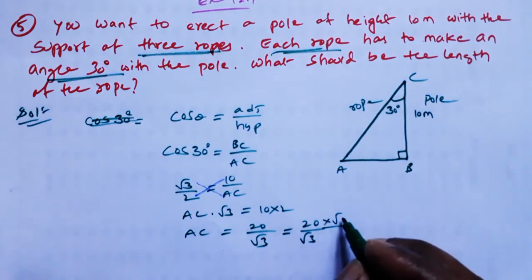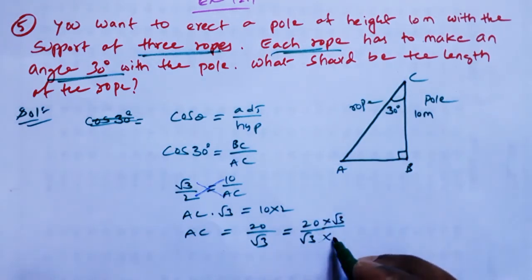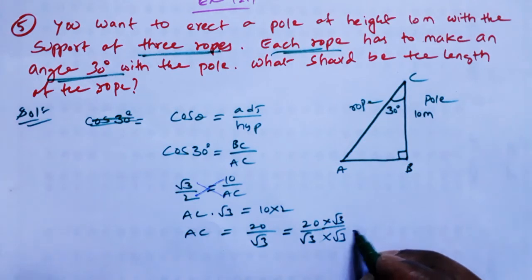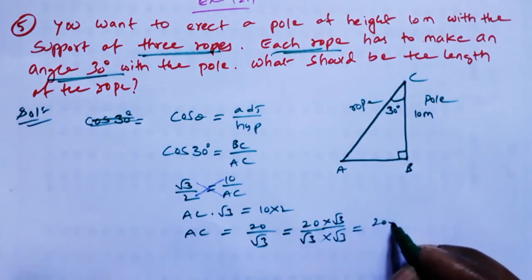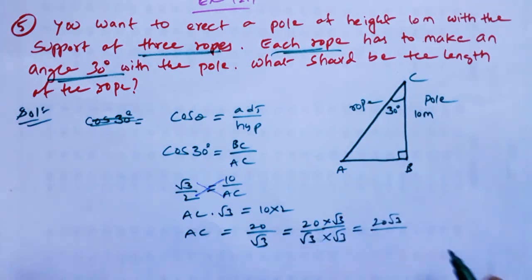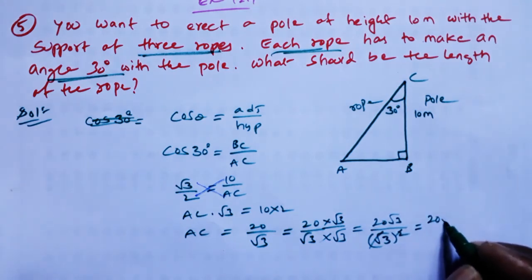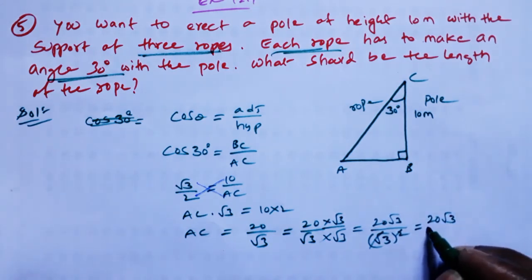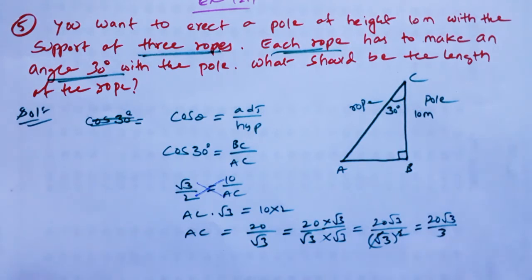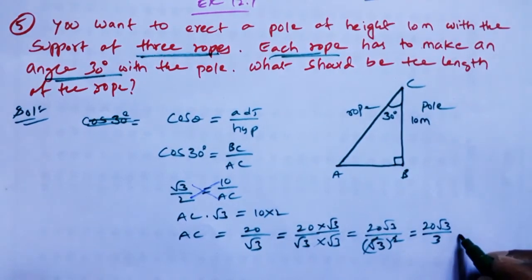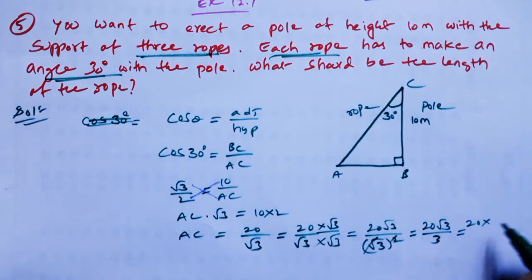That means multiply with root 3 and divide with root 3. This becomes 20 root 3. Root 3 into root 3 is root 3 whole square, square root and square cancel. Then you will get 20 root 3 by 3, that is 20 into root 3.